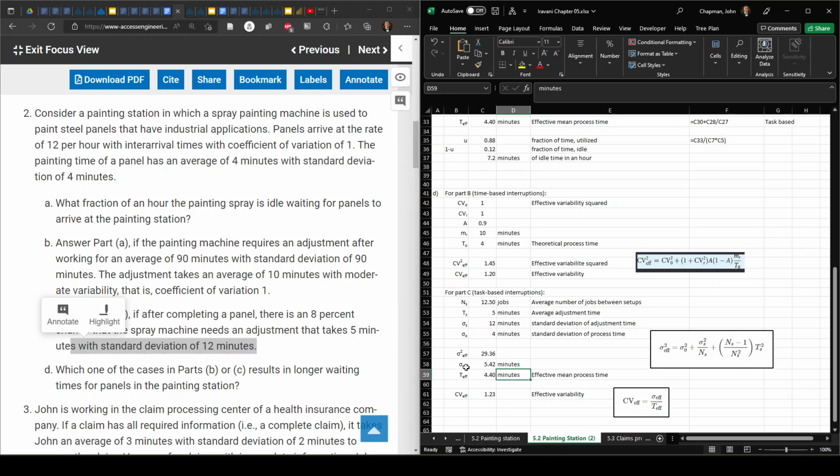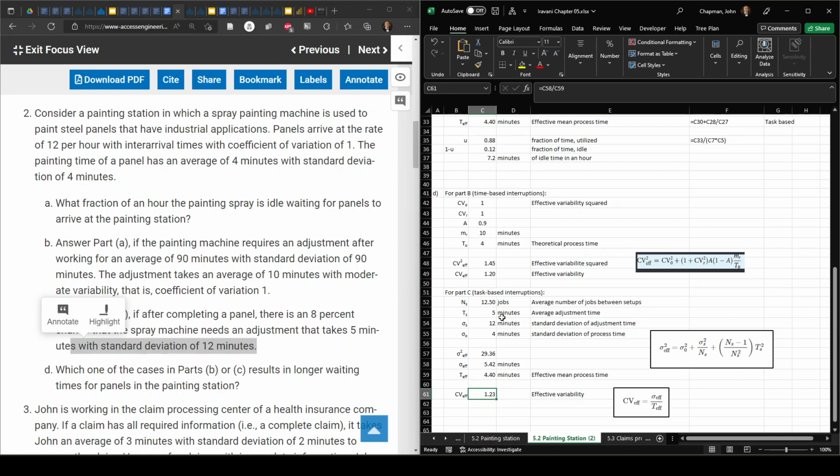What does that mean? That's the effective standard deviation of the variation. And we use that in this equation. We are pulling the 4.4 minutes from here, the effective mean process time based on task-based interruptions, to calculate the coefficient of variation here. The effective variability is standard deviation divided by the mean, which is 1.23.